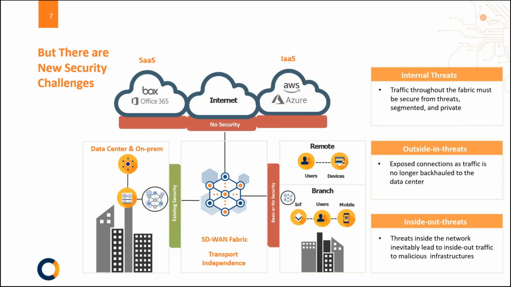Now, when we see SD-WAN, of course, it helps solve the connectivity challenges, especially with the emergence of clouds, and customers are able to connect seamlessly from anywhere. But then it has created a new security challenge for the security folks, because now we are allowing branches and remote users to connect directly to the cloud.